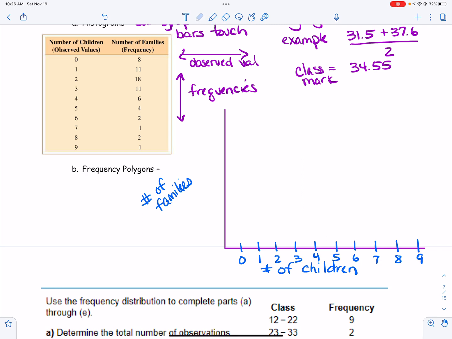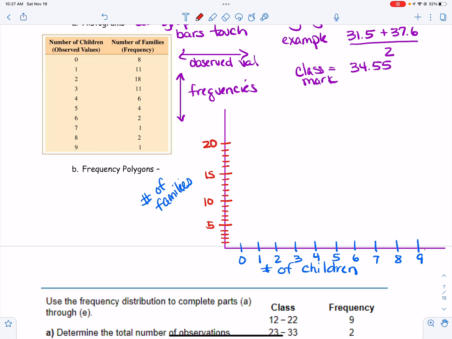Let me extend this just a little bit. All right, and then we see our frequencies. Our frequencies go from 1 all the way up to 18. So I'm going to count by 5s, and we'll stop at 20.